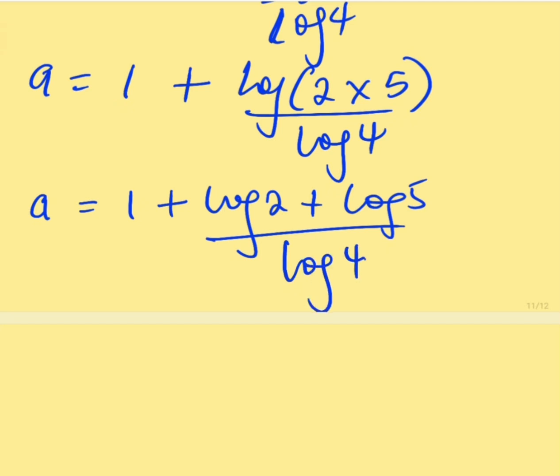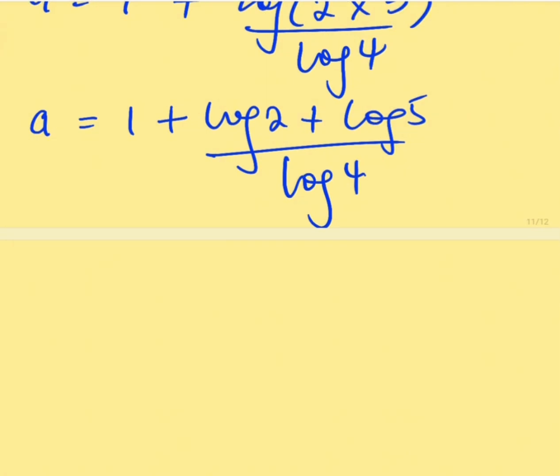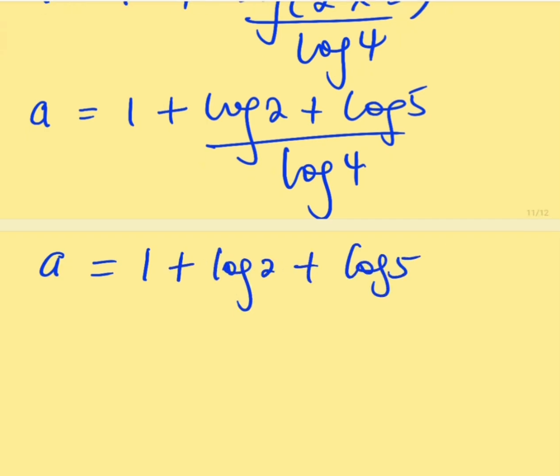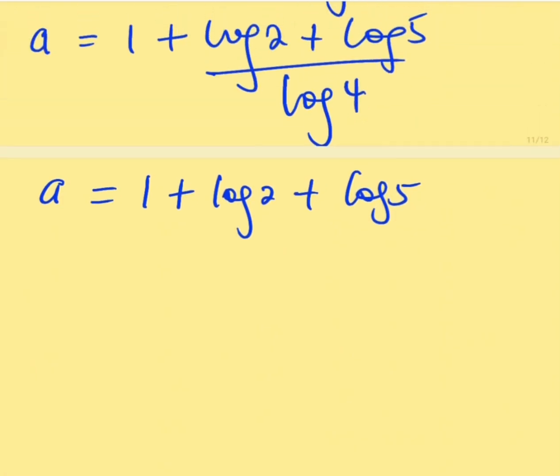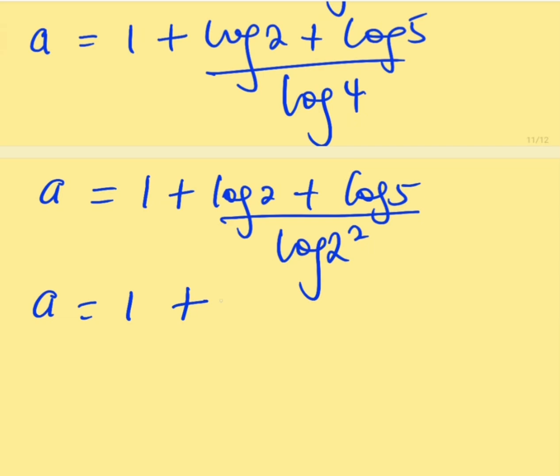Now we can divide both logarithms by the log 4. But remember that I can still break the 4 down. We have 1 plus log 2 plus log 5, then all over, seeing log 4, you can call log 4 log 2 power 2 because 2 power 2 is 4, right? Which in turn can be written as 1 plus log 2 plus log 5, the power of 2 comes to the back.